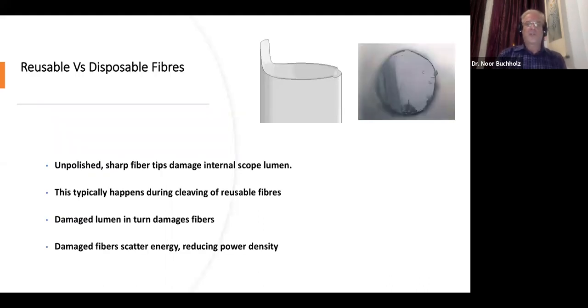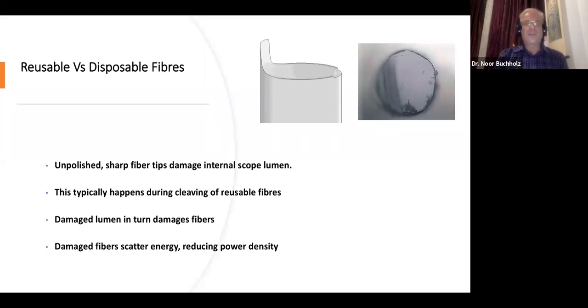If you look at these pictures, these are electron microscope pictures of a laser fiber cut with a proper industry-provided laser cutter. You would think you should have a plane surface. Well, you don't. Actually, what you have on the left side is a razor sharp edge. So any unpolished sharp fiber tip has the potential to damage your scope lumen.